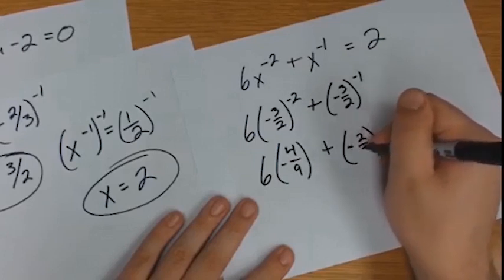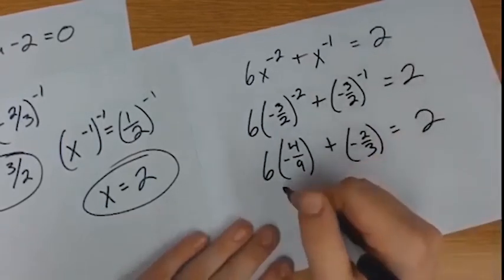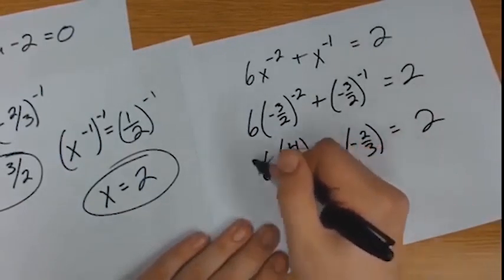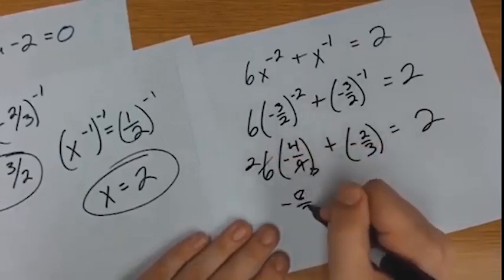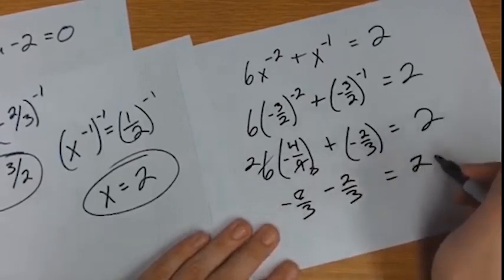It's going to be -2/3 equals 2. 6/9 is 2/3. So this is -8/3 minus 2/3 equals 2. Did I do that right?